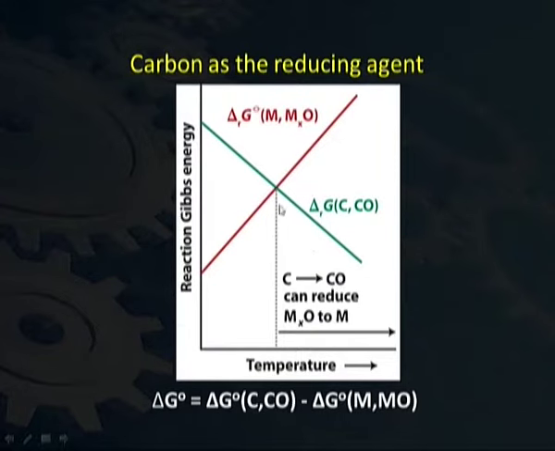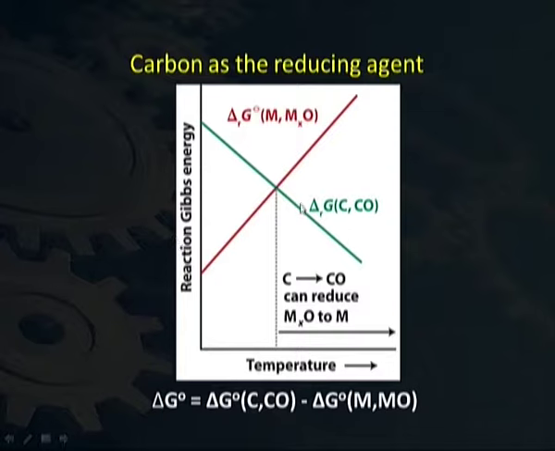If you look carefully, this green line is the delta G naught line for the carbon to carbon monoxide conversion. This line has a downward slope because the carbon monoxide is the product of the reaction. With this intersection here, we are able to see that above a certain temperature, the carbon monoxide line has a lower delta G naught value.